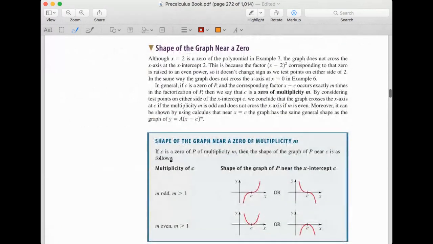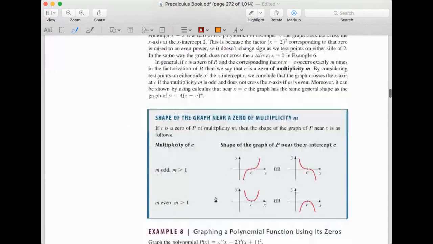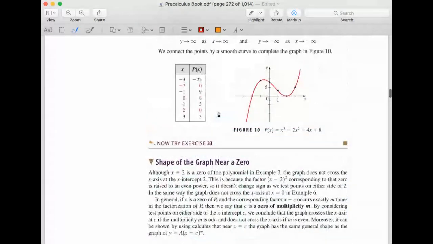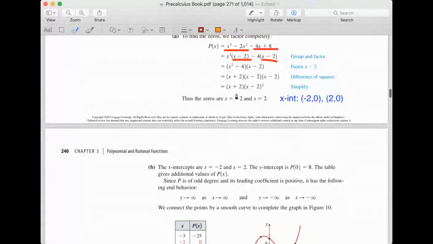Let's look at this. So multiplicity of the root. If the multiplicity is odd, like -2, we only have 1 -2, so the multiplicity is 1. It's odd.